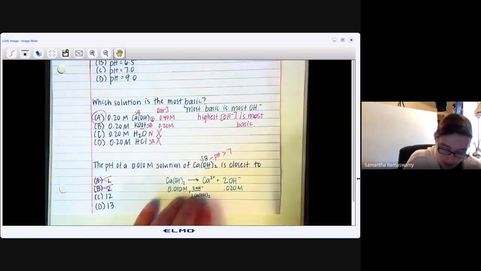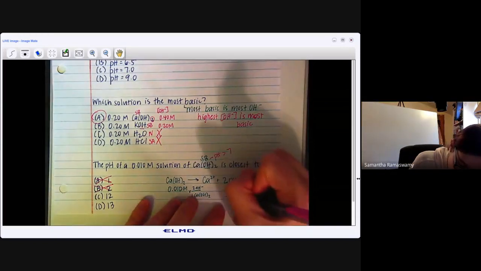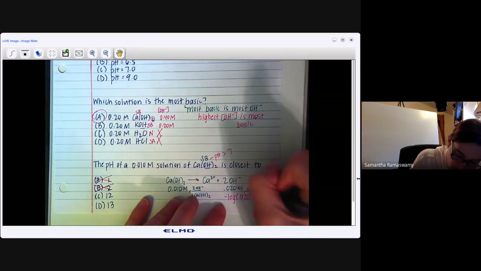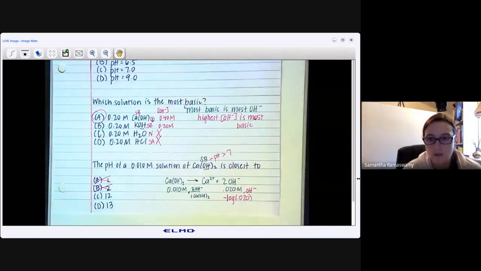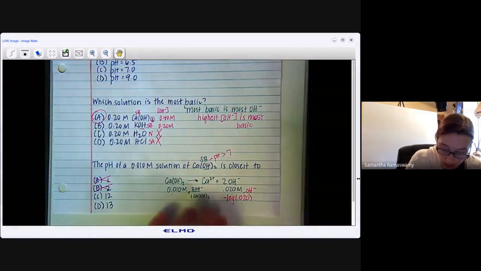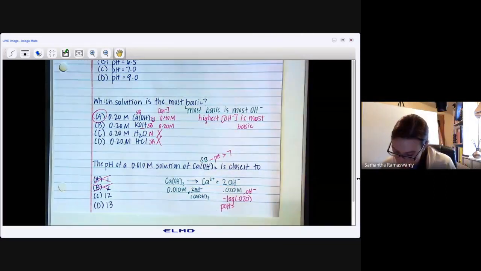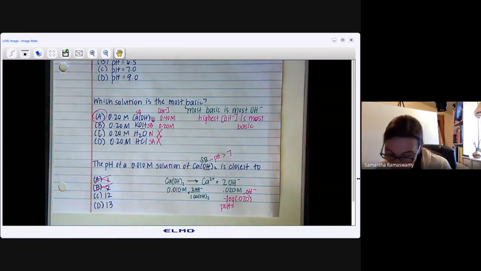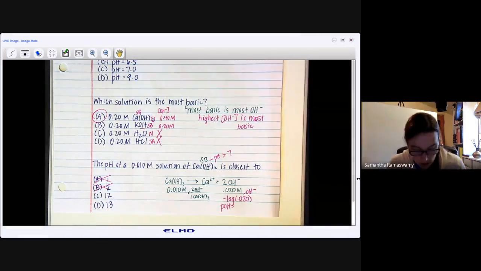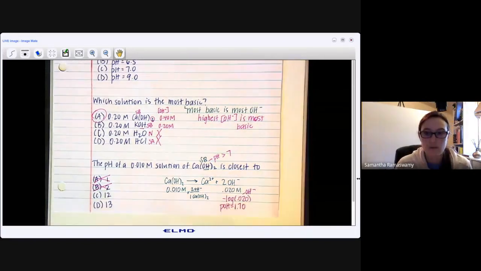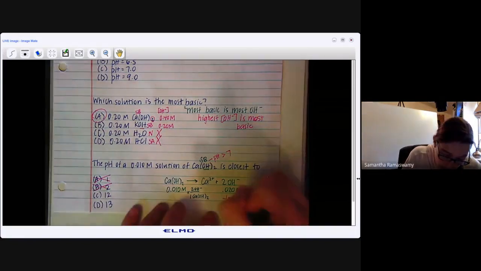Now I want you to think about this. If I take the negative log of 0.020, that's the OH- concentration. What are we finding? Finding pOH. So negative log of 0.02 is 1.70. Notice what I labeled this. Please label everything.